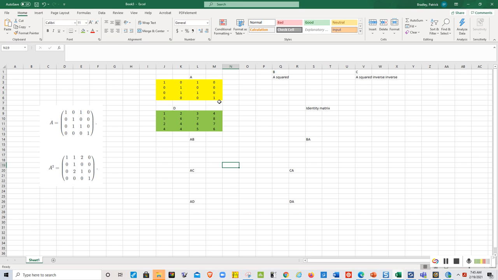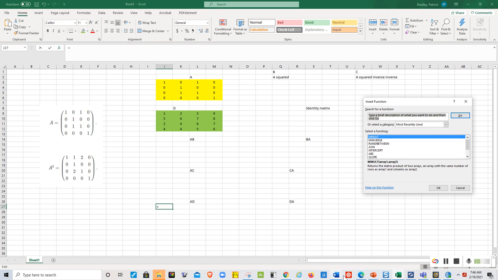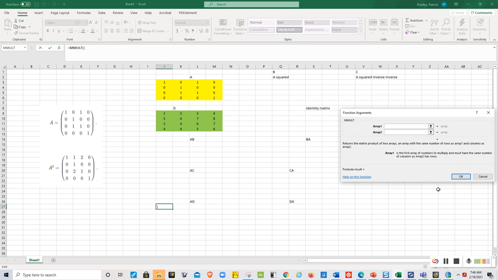Okay, so now I'm going to talk about how to multiply matrix A times matrix D. I can do this because the number of rows in A is the same as the number of columns in D. So I'm going to put that right down here, and I'm going to use the Excel function called matrix multiplication. It is MMULT. I click this, and I get a dialog box.